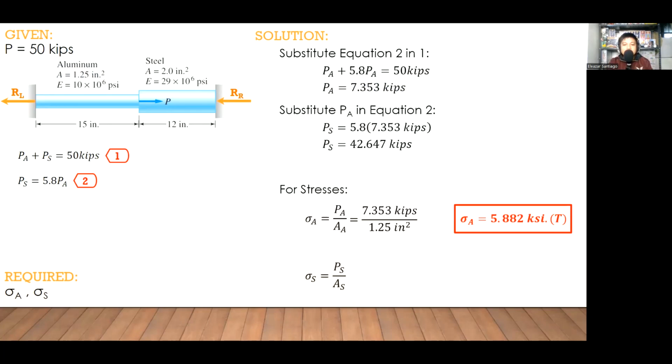While for the case of the steel material, it is equal to PS all over AS, that is for PS 42.647 kips divided by the value of the area, which is 2 square inches. Updating this, we will come up with sigma S as 21.324 KSI, and again for the steel material, it shortened, therefore this is under compression.